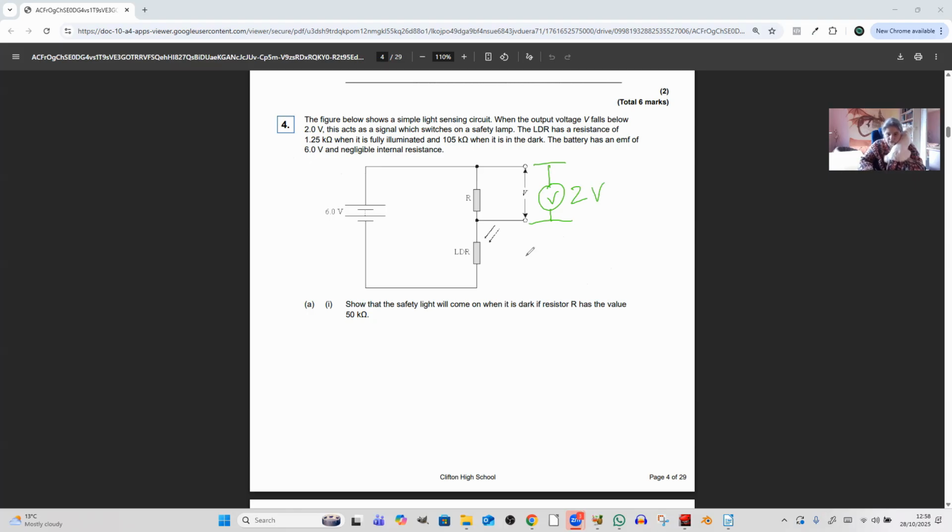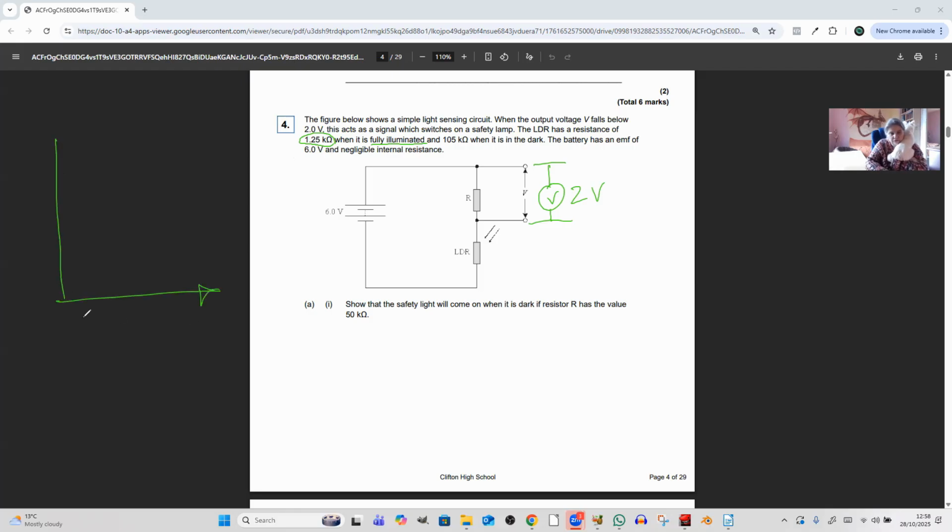The LDR, light dependent resistor, has a resistance of 1.25 kilo ohms when it's in the light and 150 kilo ohms when it's in the dark.